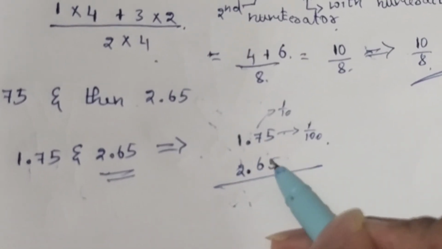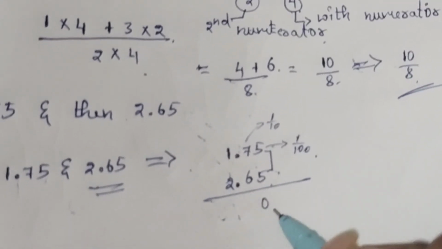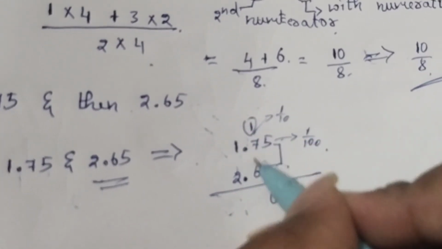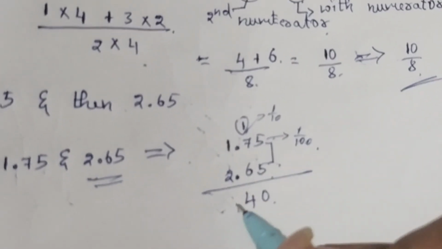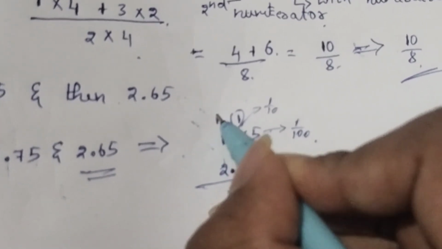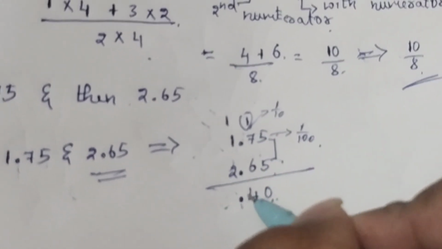When you add this, just do common addition. 5 plus 5 is 10, then 7 plus 6 is 13, 13 plus 1 is 14.